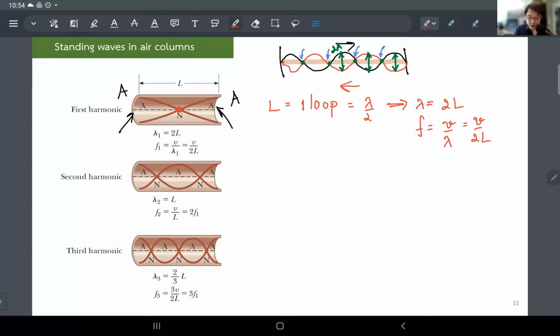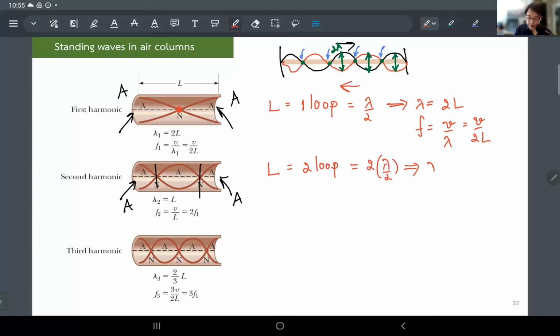Okay, and then you keep doing it. I can do one more twist for you, but you still have the same condition of starting with the antinode and ending with the antinode, but I get an extra twist. With that, you get 2 loops in there. You can count. So in that case, the length of the tube is 2 loops, so that means it's 2 of lambda over 2.